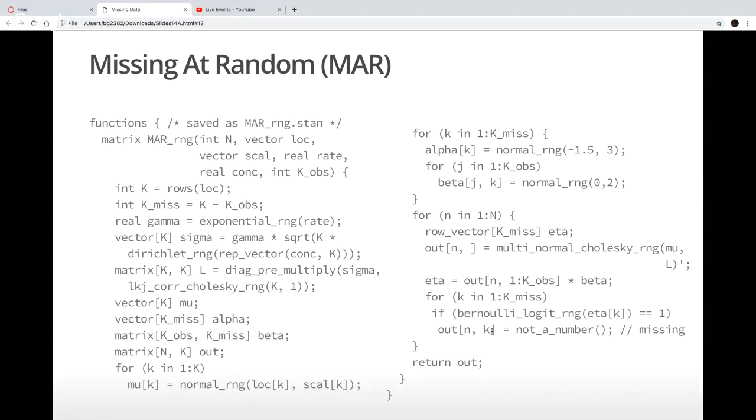So it could depend as a function of people's age, but it doesn't depend on the true values of the income that go missing. But that is a pretty inappropriate assumption for most things in social sciences.